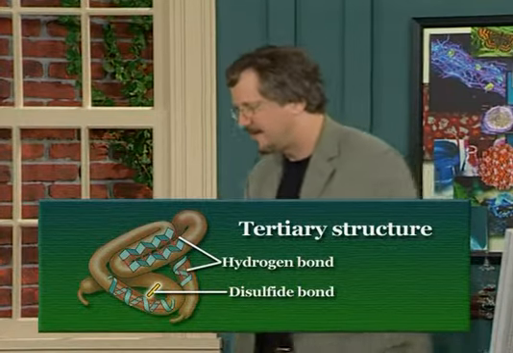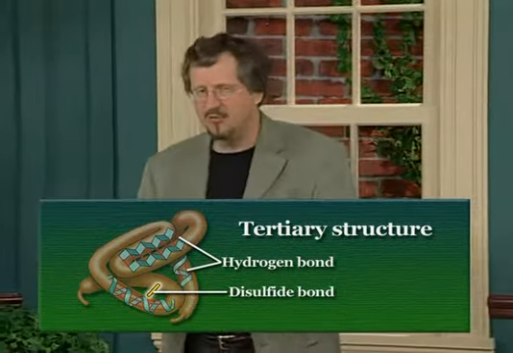Now, the fact that the side chains can occur in an irregular sequence, in other words, every different amino acid along the sequence may have a different side chain, means that the pattern of interaction among those side chains, the pattern of chemical interaction, can be quite variable, much less regular, and much less predictable. What that means is that the pattern of twisting and folding that results from these interactions that cause tertiary structure become much more complex, not regular like the alpha helix or the beta pleated sheet, but actually in some ways quite unpredictable.